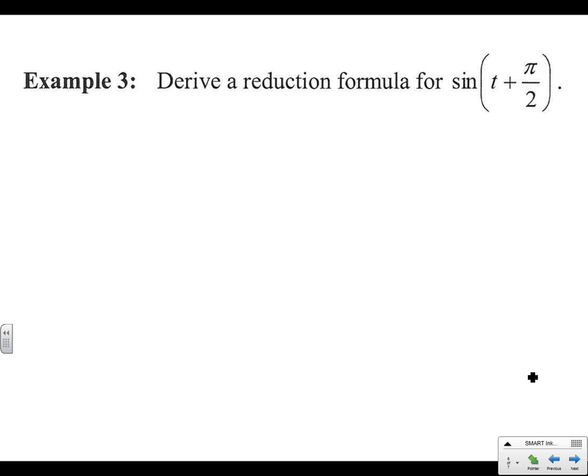So let's try one. Sine of t plus pi over 2. We're going to use our sine sum formula. So this is sine of t cosine of pi over 2 plus cosine of t sine of pi over 2. Getting that right from those formulas at the beginning of this worksheet.